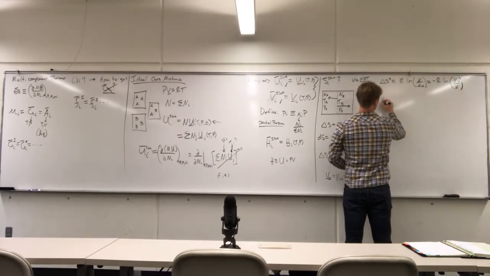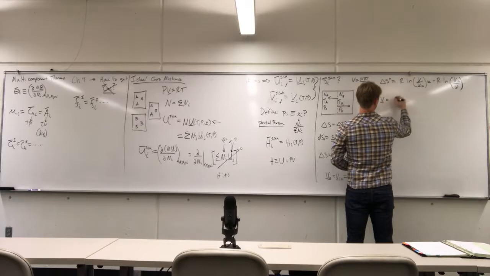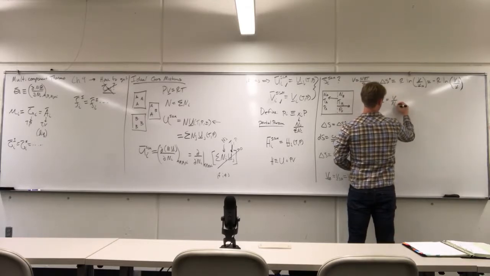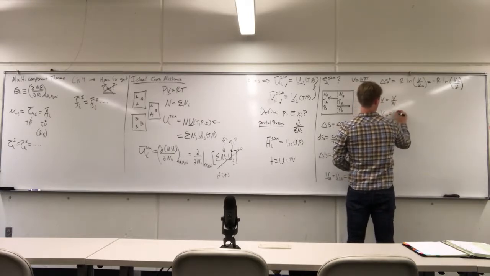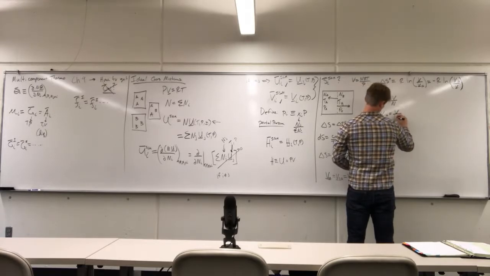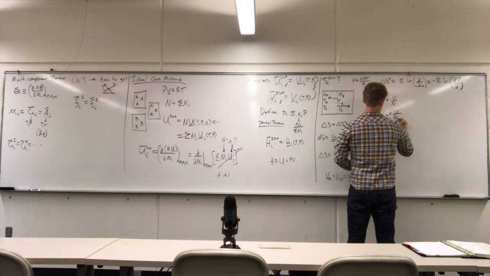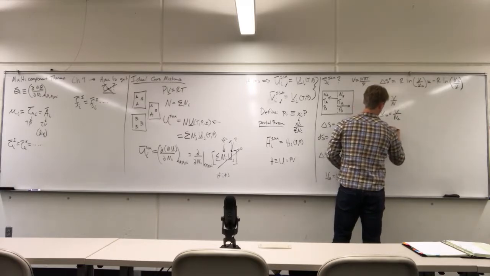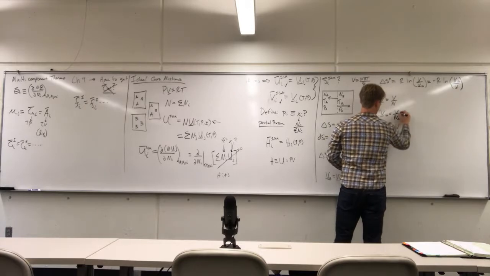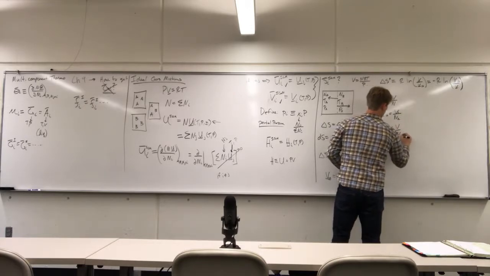So V underbar is equal to the volume divided by the number of moles. So in this case here, V underbar of 1A is going to be equal to V1 over NA. V underbar of 2A is just going to be equal to the final volume divided by NA.